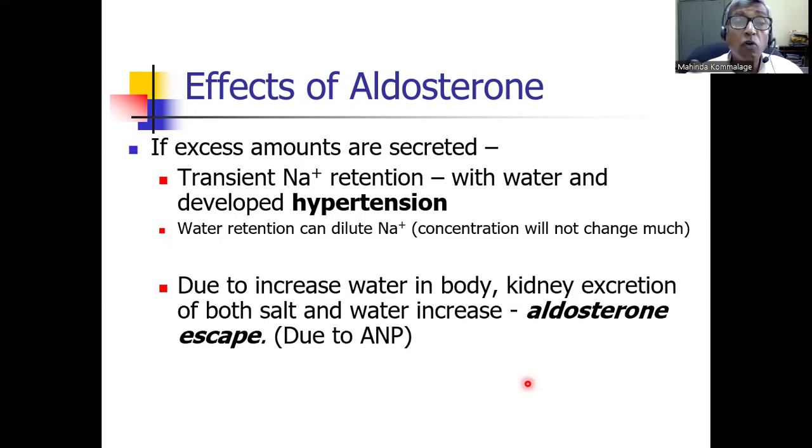If we get more water into the body, water retention will occur, especially in the blood vessels, and it can increase blood pressure. So when we have more water inside the blood vessel, pressure might increase. More volume, more pressure, right? So the opposite will occur if we lose sodium.